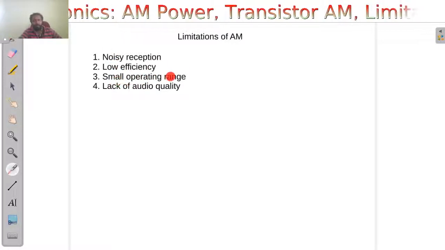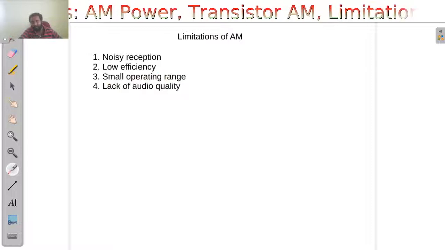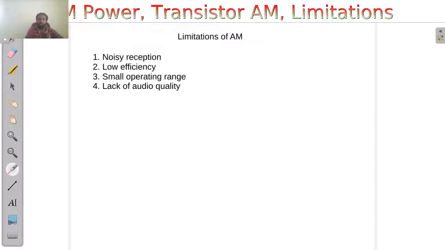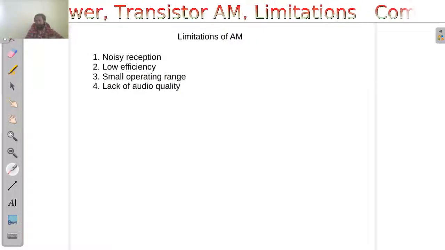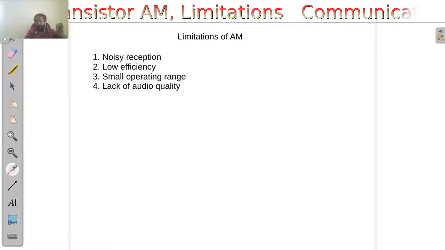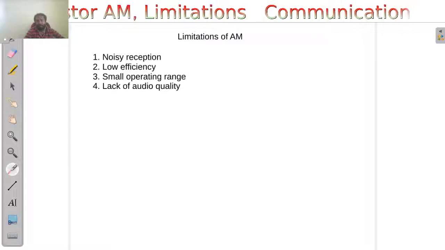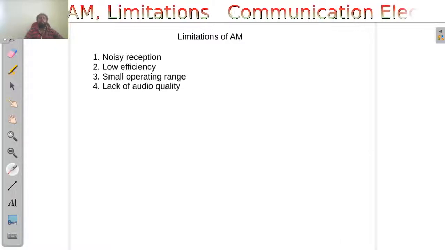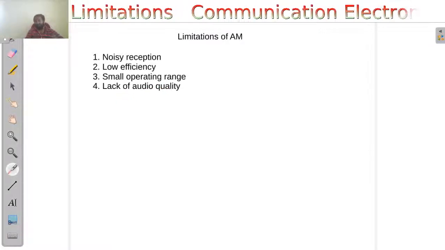The third thing is the operating range, the distance up to which the signal can be operated, which is much smaller, basically because of the noisy reception itself. And the fourth obvious thing is the lack of audio quality.